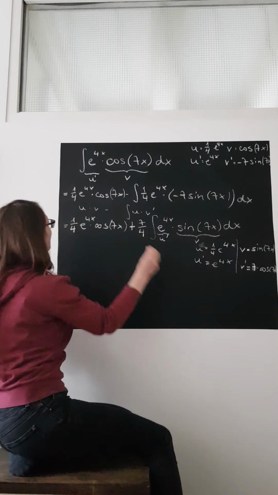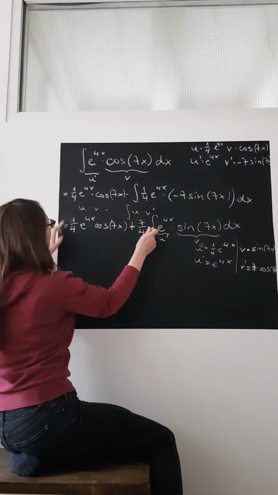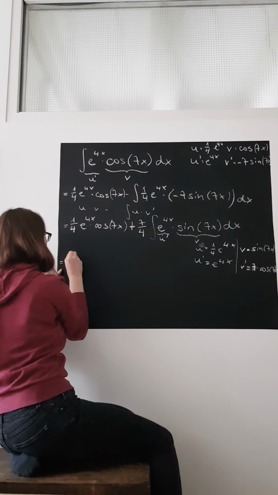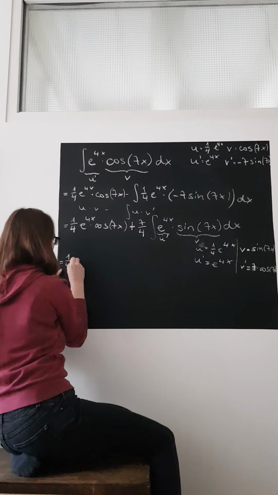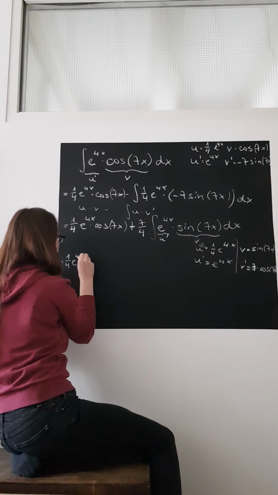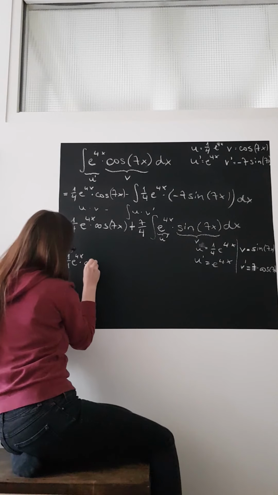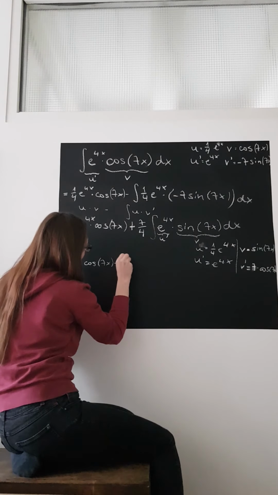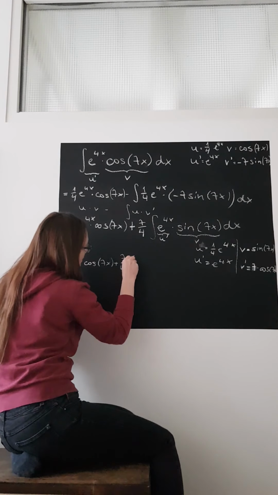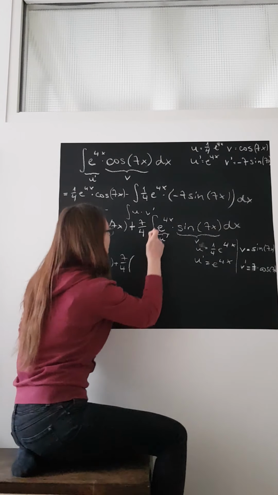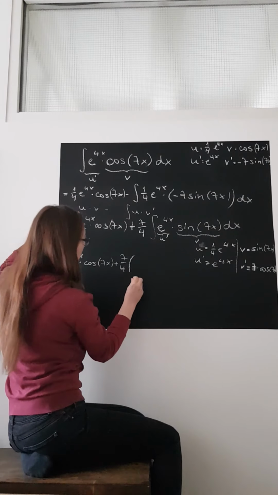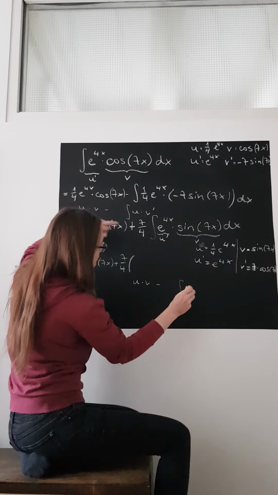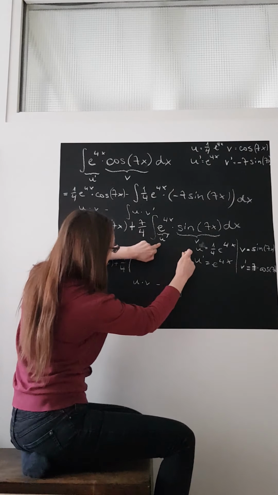Okay, now I do the same thing again, integration by parts, but first copy this part. Hope I can somehow fit this on my living room board. So cosine 7x plus 7 quarters. And now u times v minus the integral of whatever I called it the other way around.